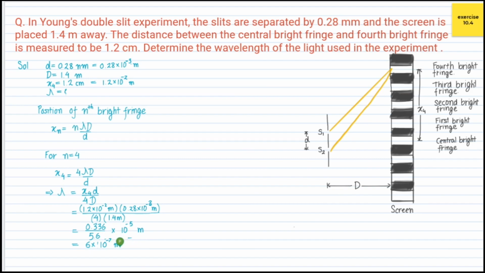Further, I can simplify it. Suppose I multiply 6 times 1000, then I also have to divide by 1000. And then you have your 10 to the power minus 7 meter.